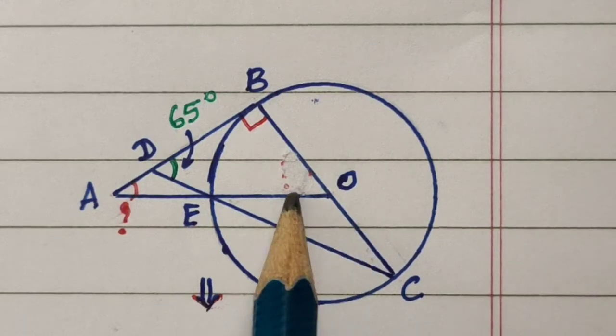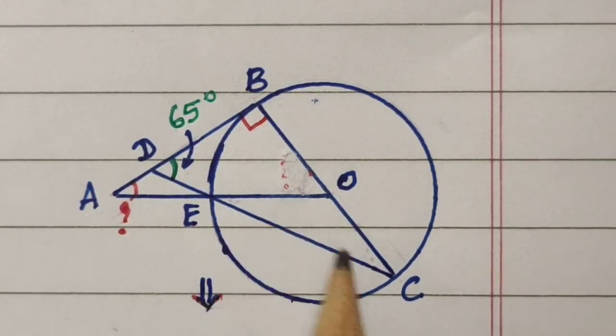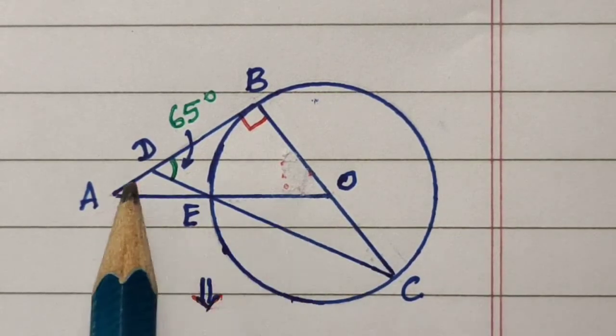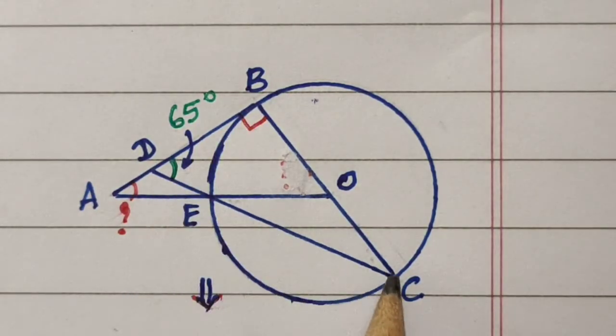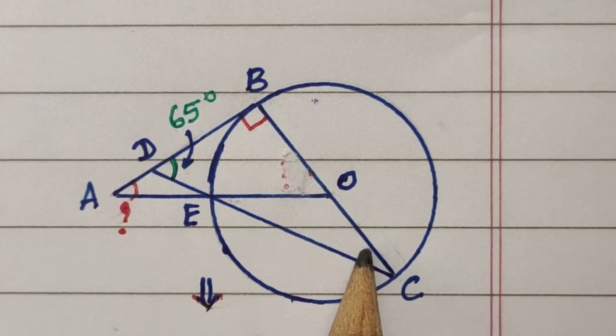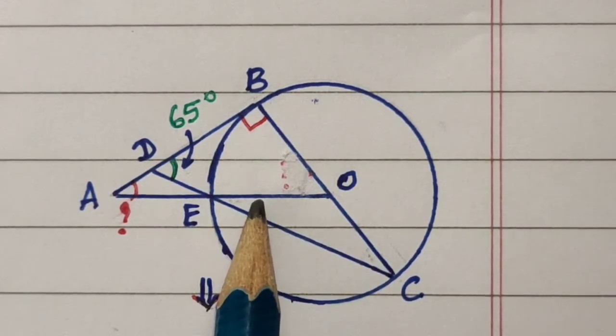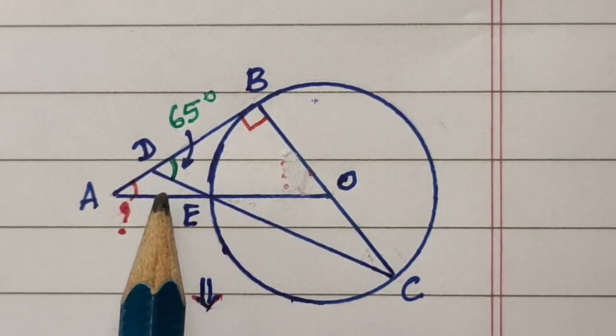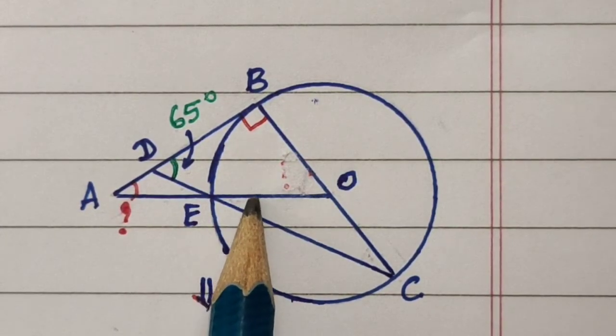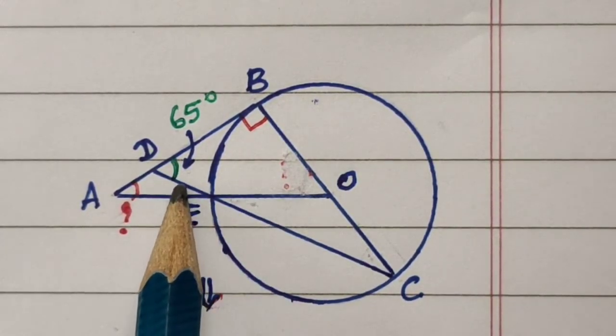Just now we found out that in this triangle this is 25, therefore this is equal to this. This is 25. If this is 25, then, since vertically opposite angles are equal, this angle is equal to this angle.